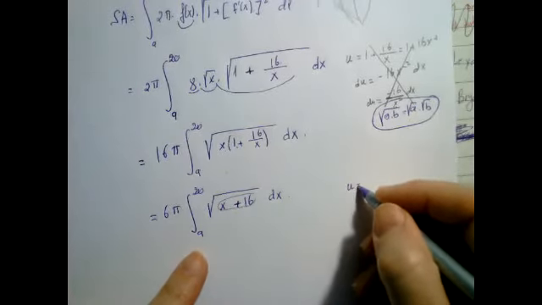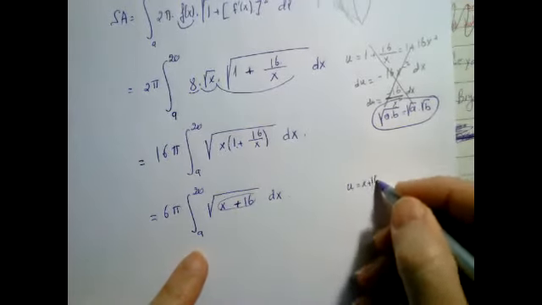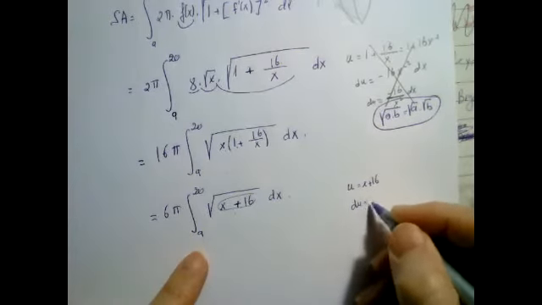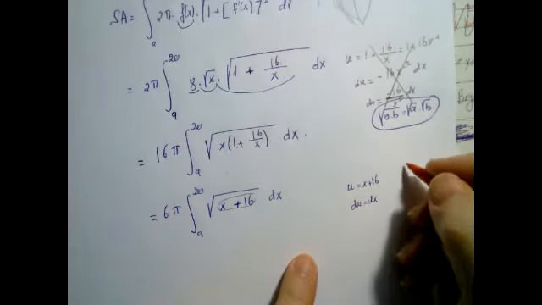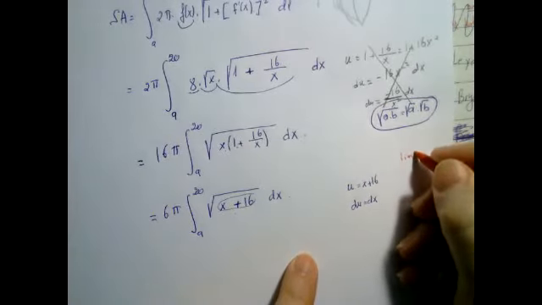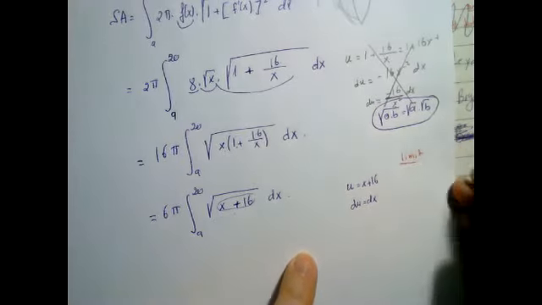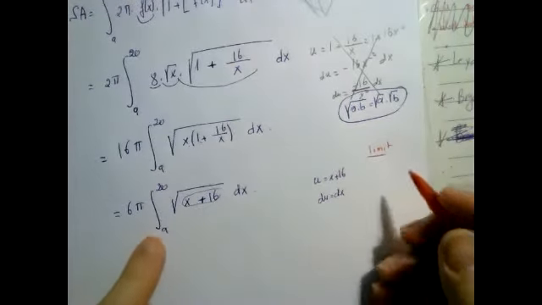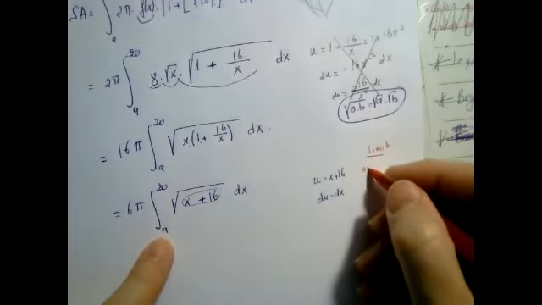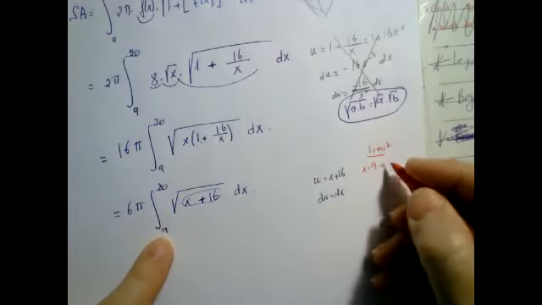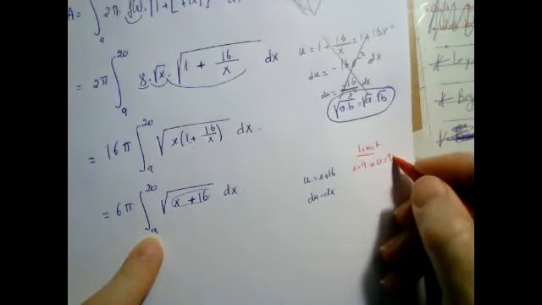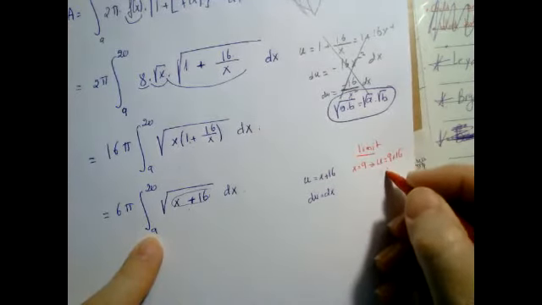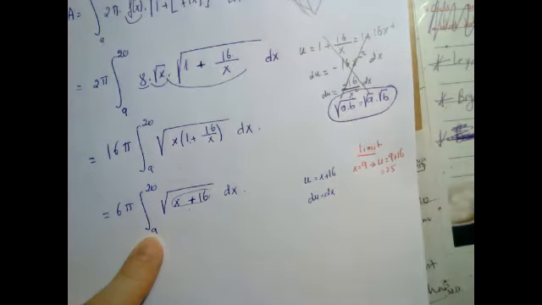You can put u to be x plus 16. The du is the dx. And if I change the limit, so limit change, if, let's see, x equal 9, it gives me u equal x plus 16, which is 25.